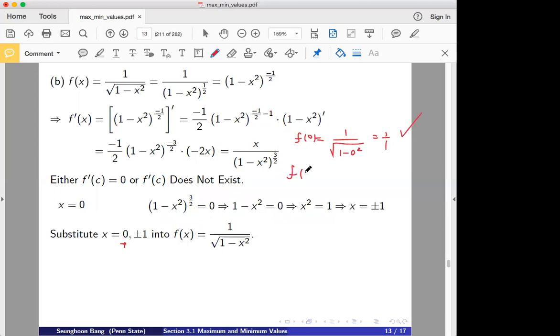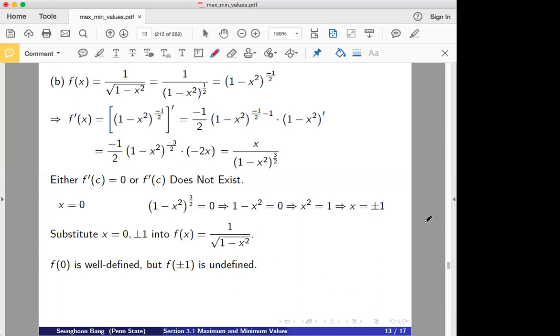You plug plus or minus 1 into f: 1 over the square root of 1 minus plus or minus 1 squared. The plus or minus 1 squared is exactly 1, so it's 1 minus 1. What's that? 1 over 0. 1 over 0 does not exist, it's undefined. So f of 0 is well defined, and f of plus or minus 1 is undefined.